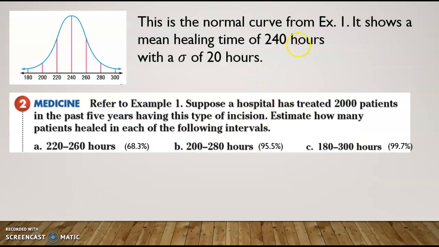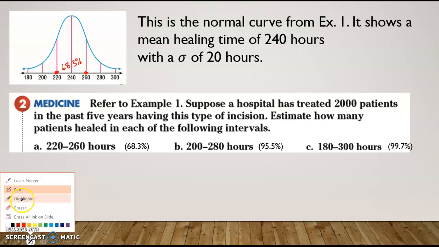Okay, so this is the normal curve from example 1. It shows the mean healing time of 240 hours with a standard deviation of 20. Suppose a hospital has treated 2,000 patients in the past 5 years having this type of incision. Estimate how many patients healed within each of the following intervals. I put these percentages up here for you because that's what you're doing. If they are between 220 and 260, that is your 68.3%.